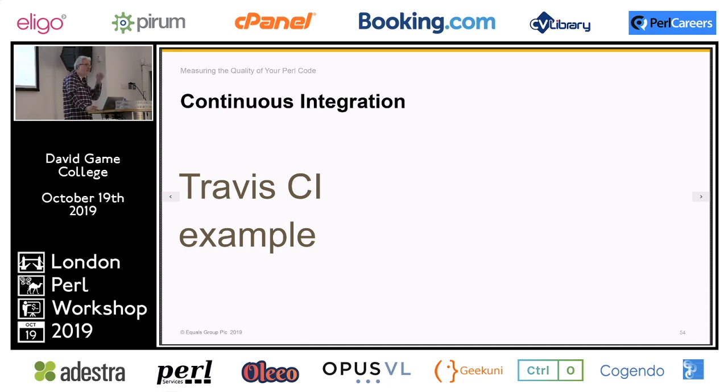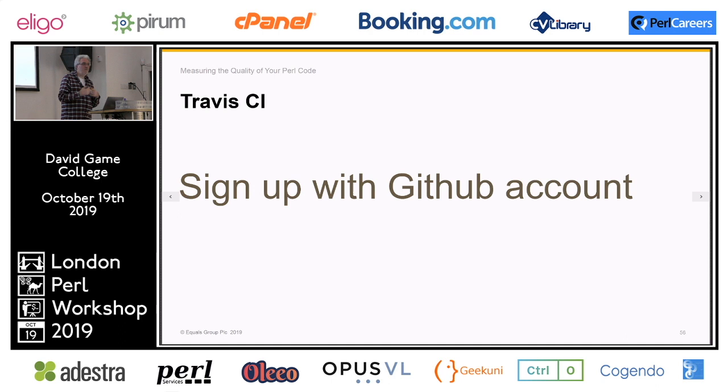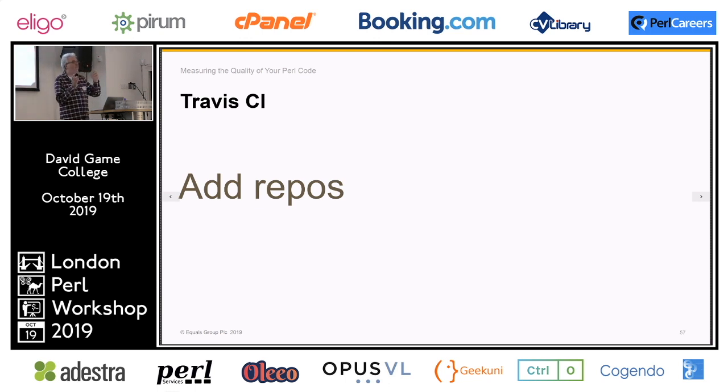So taking Travis CI as an example, only because it's what I use to do work like this against most of my GitHub repos. Other CI systems are available, of course. So what you do is you go to Travis CI, you sign up with your GitHub account. It probably supports GitLab and Bitbucket and other options. It will go to GitHub and pull in a list of all of your repos, and you go down and you tick the ones that you want Travis CI to work on.